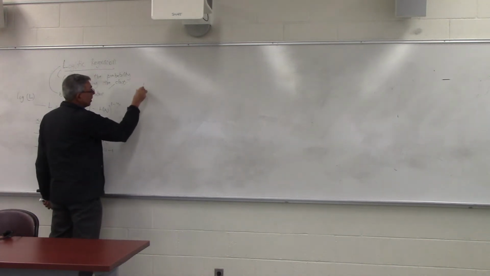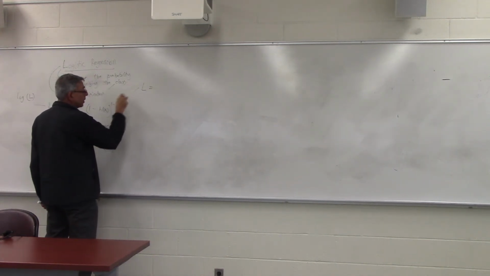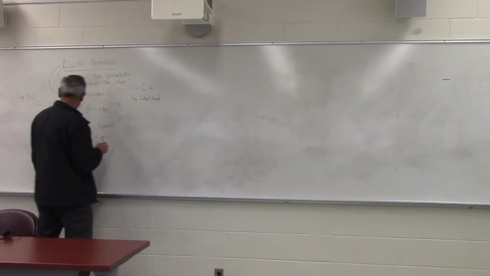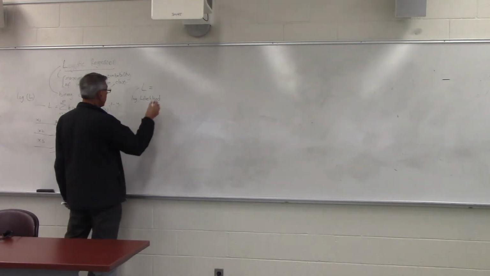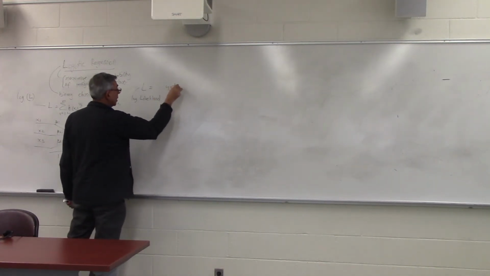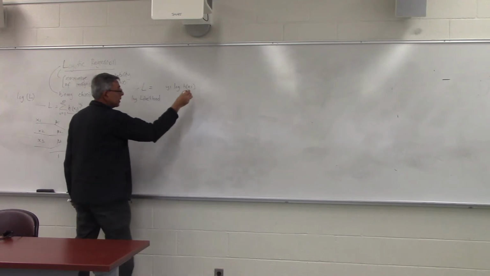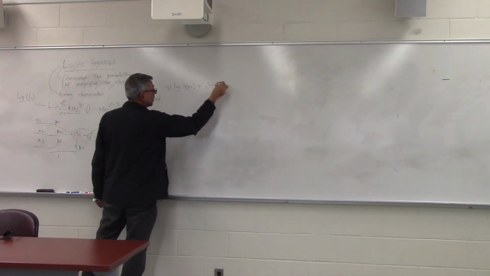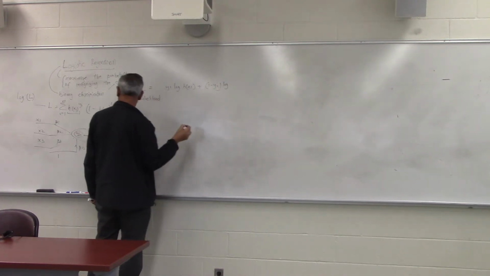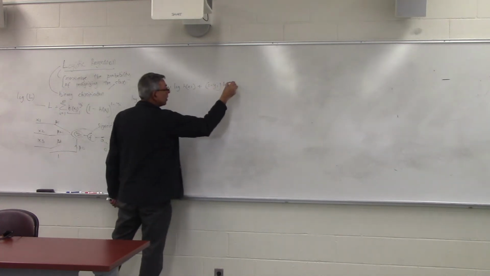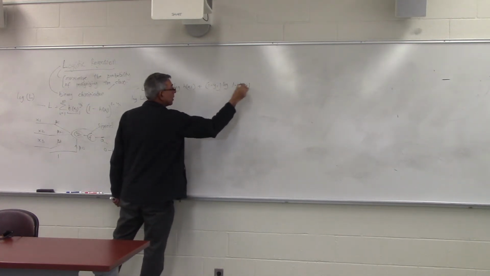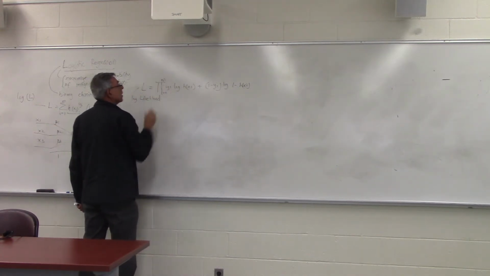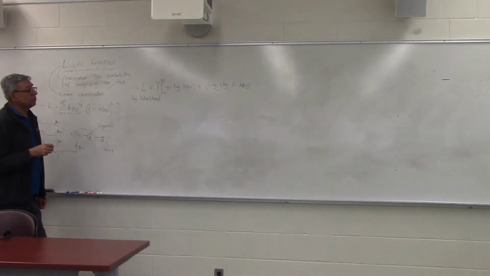So the loss function, once we go to the log form, log likelihood, becomes, if you recall, yi log of h of xi, plus 1 minus yi log of 1 minus h of xi, right? So anyway, the product changes to a summation. And so this is our loss function.